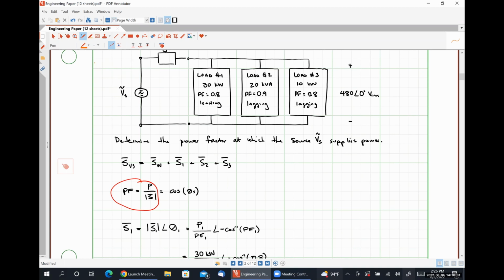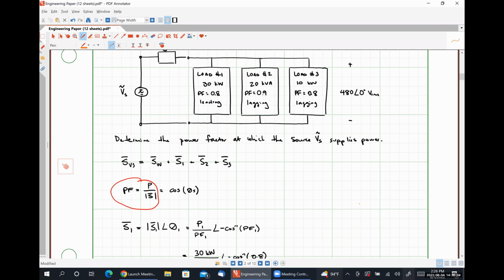The critical pieces of information that we need to pay attention to when doing this type of calculation are the unit on the power and whether the power factor is leading or lagging. If we are given average power, meaning watts, we're going to have to divide that number by our power factor in order to get apparent power.